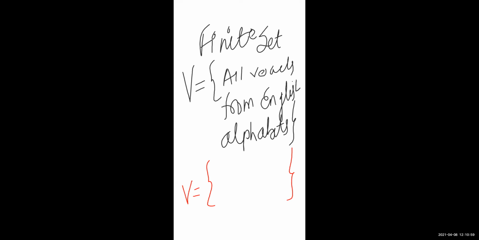Write down in a set, curly bracket. A, E, I, O, U. Can we count them? Yes. How many are they? They are 5. And the remaining are the consonants. They are 21.